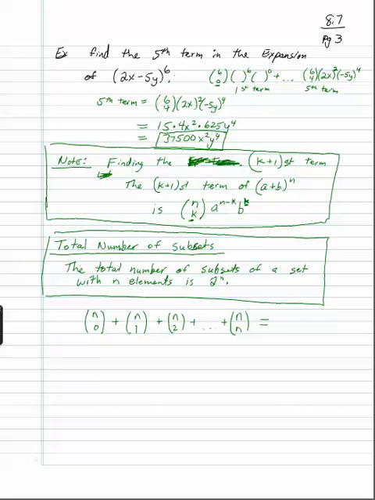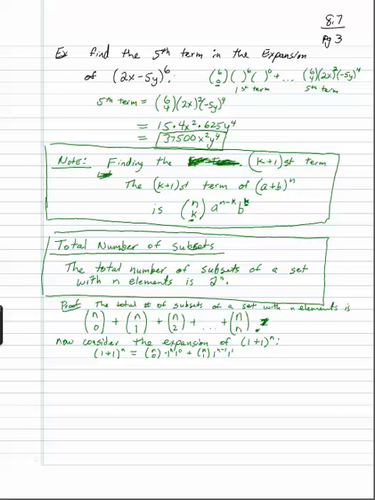now if you consider the expansion, okay, so now consider the expansion of 1 plus 1 to the n. So you get 1 plus 1 to the n equals n choose 0 times 1 to the n, 1 to the 0, plus n choose 1, 1 to the n minus 1, 1 to the 1, plus dot, dot, dot, n choose n, which is 1 to the 0, 1 to the n.